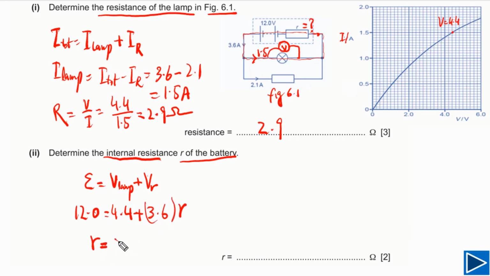If we do the calculation, internal resistance will be equal to 2.1 ohms.